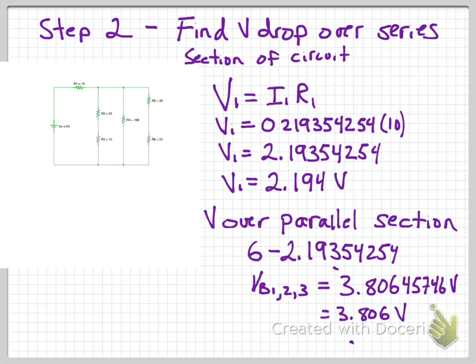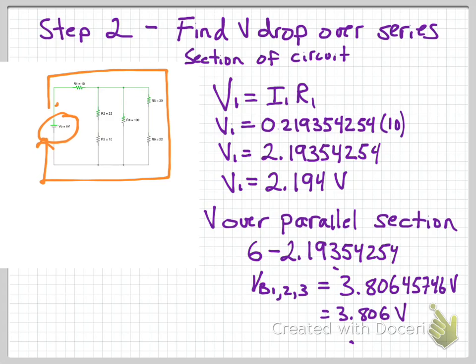So step 2 is you want to find the voltage drop over the series section of the circuit. And that's because if we look at the diagram, we have 6 volts here. Remember that 6 volts is being dropped across the entire circuit.